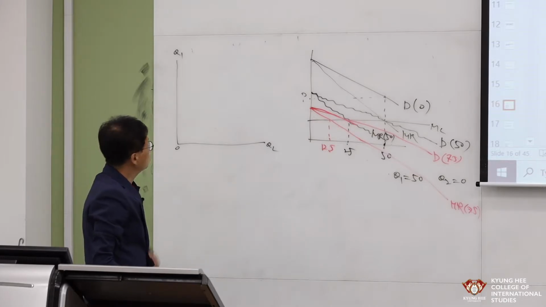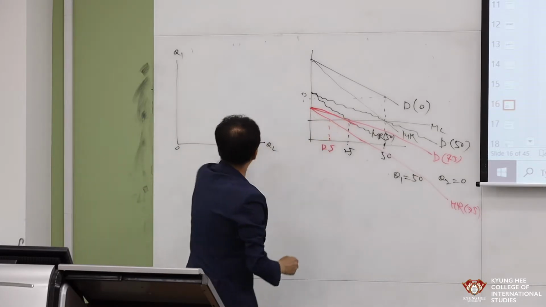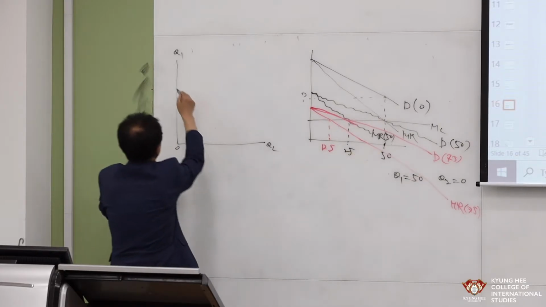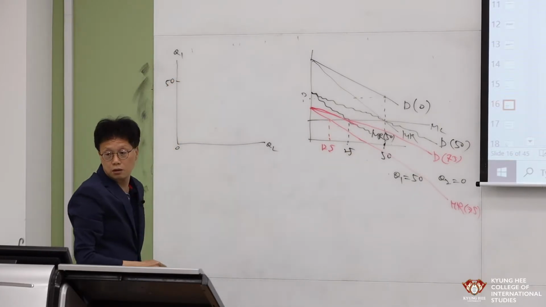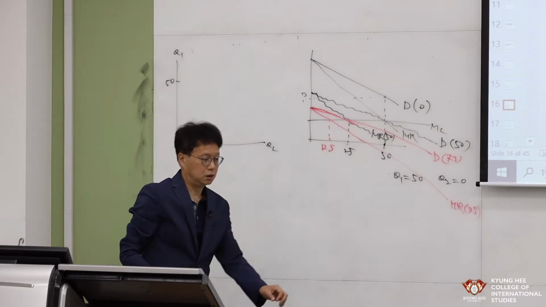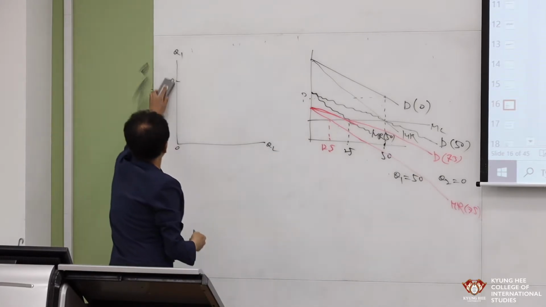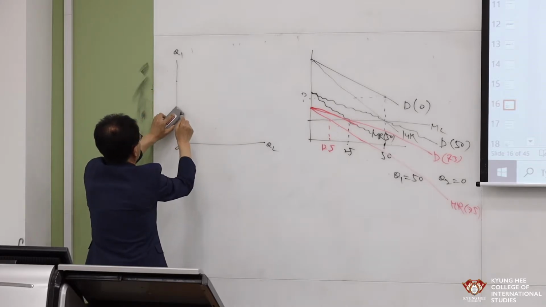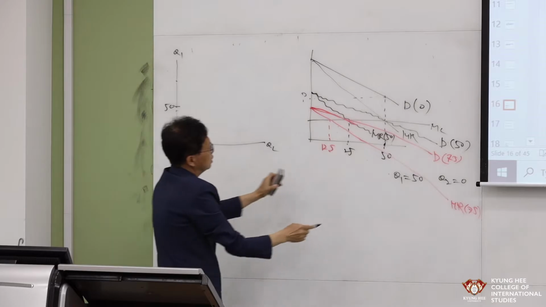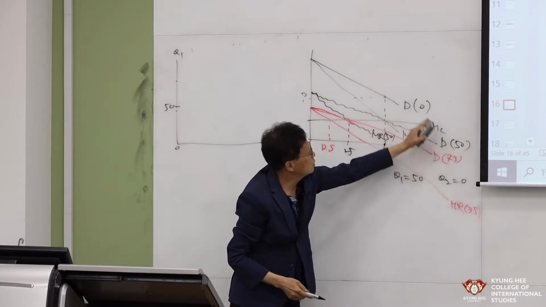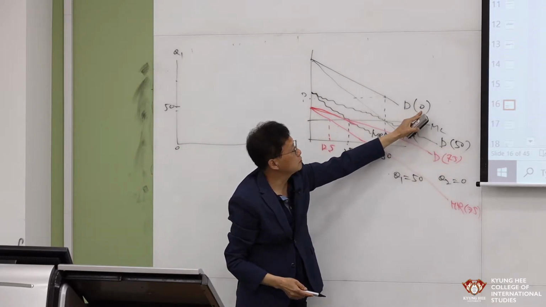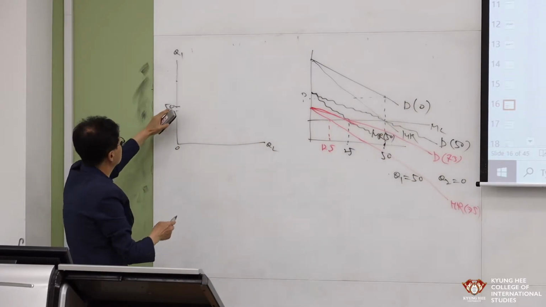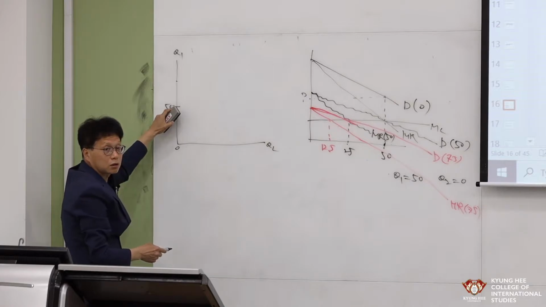When Firm 1 thinks Q2 is equal to 0, then the profit maximizing quantity of Q1 is 50.